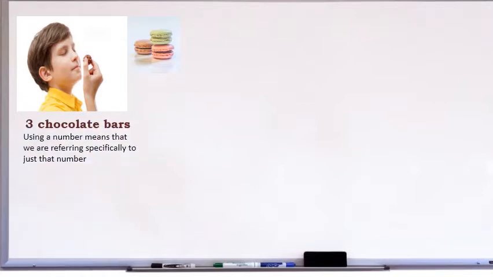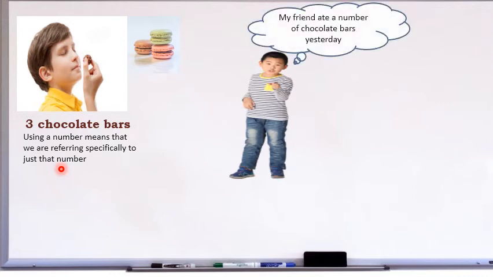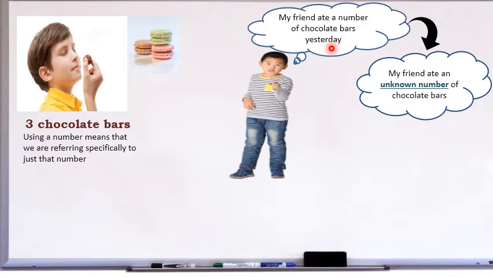To start, here we have, for example, 3 biscuits or 3 chocolate bars. Using a number means that we are referring specifically to just that number. But if I told you that my friend ate a number of chocolate bars yesterday, did I know how many chocolate bars he ate?